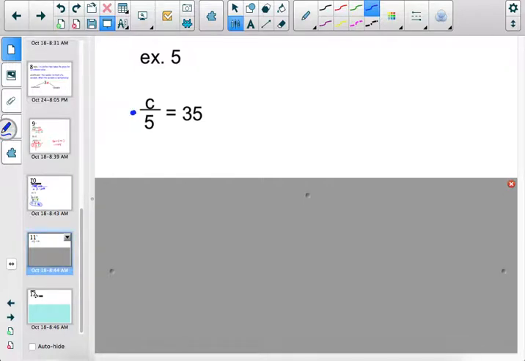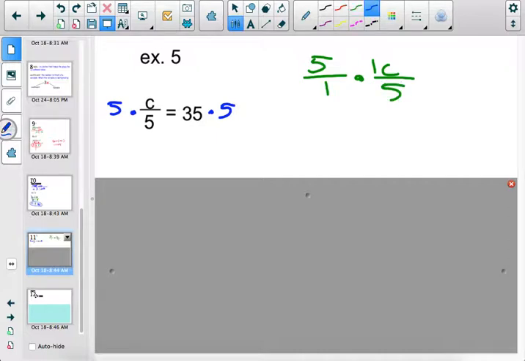Watch how I do this. When I times by 5, I purposely put my 5 at a higher level. And then what I do on one side, I do on the other, times by 5. Why am I doing that? Because how do you write 5 as a fraction? 5 over 1, times c over 5.